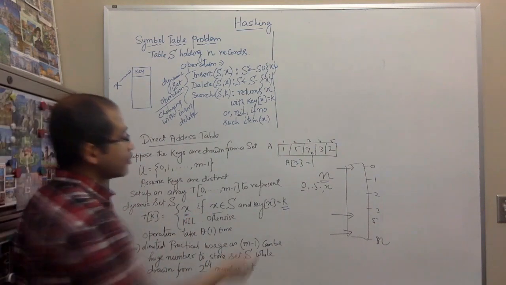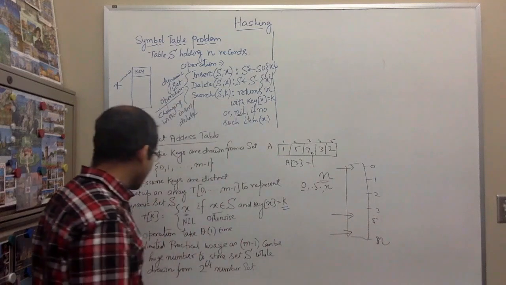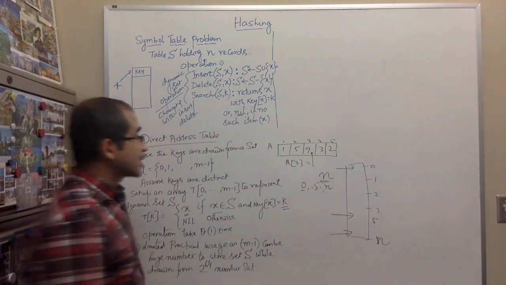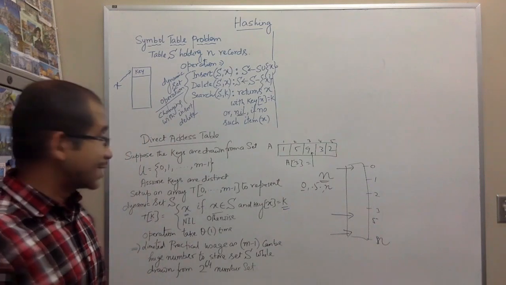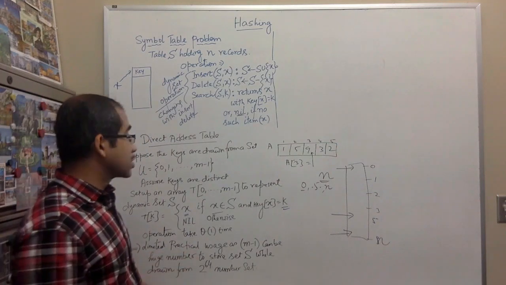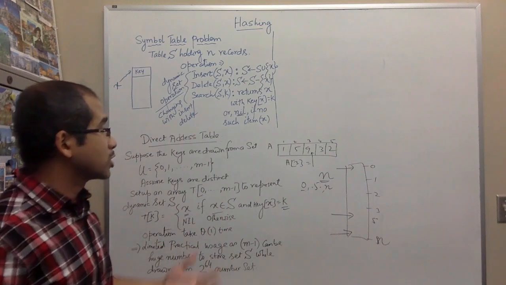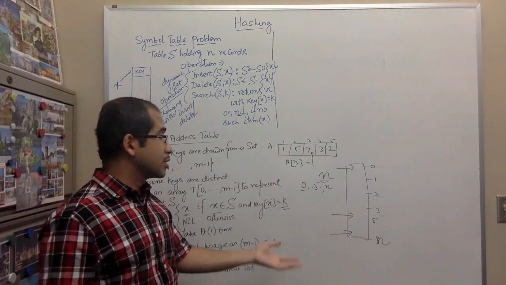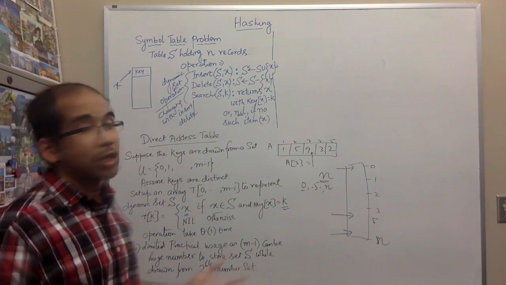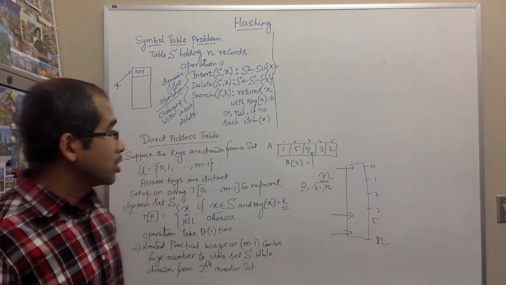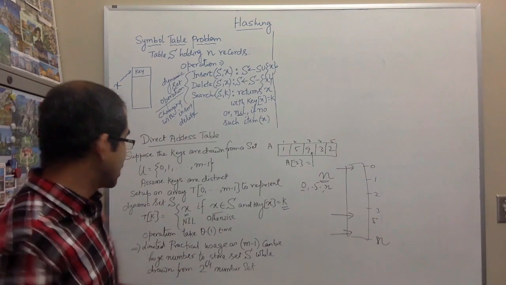Like 5 will go to location 5, and if there is nothing in location 5, that means the element 5 does not exist. Now this operation takes, as I said, Theta(1) time, constant time. The indices of the array will tell you whether the key is present or not, and they serve as the key itself.